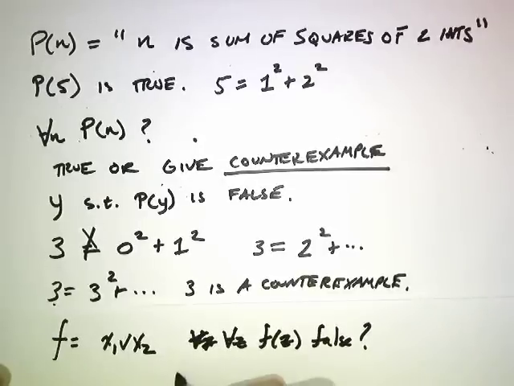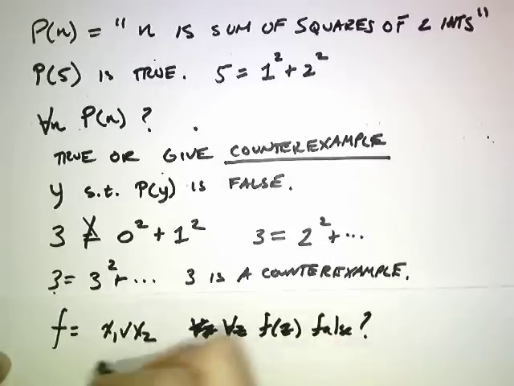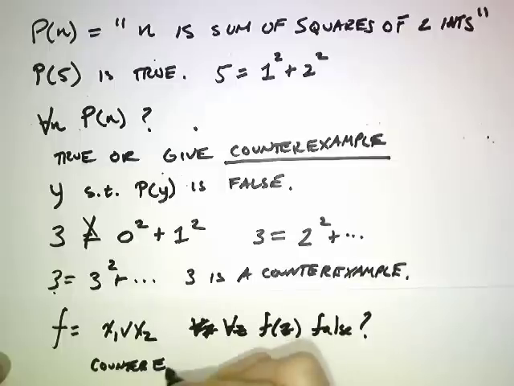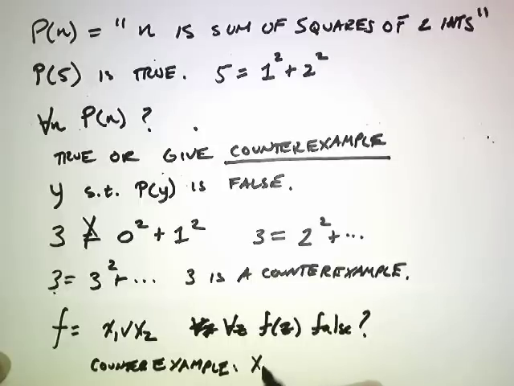Well, no. Here's a counterexample: x1 equals true and x2 equals, say, false. It's an assignment that makes the Boolean formula true, so it's a counterexample to the notion that for every assignment, f of z is false.